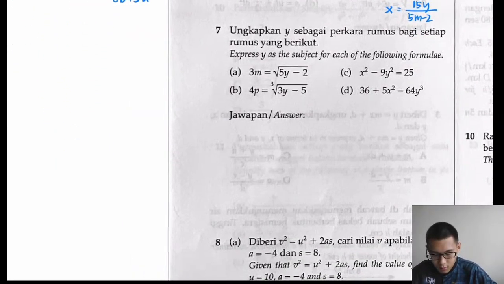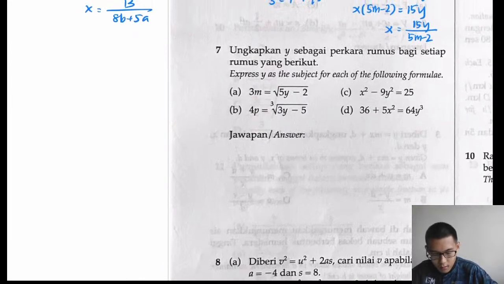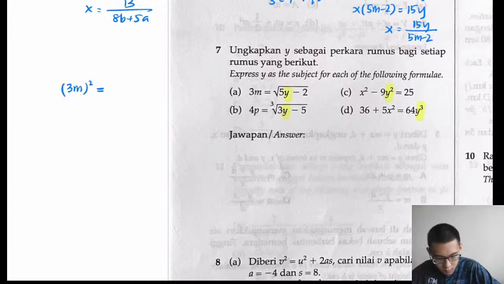Question 7. We have this square root already, so now we use y as the subject. First we need to open this square root, so I move the 3 to the other side and it becomes a square: 5y minus 2 equals 9m square.